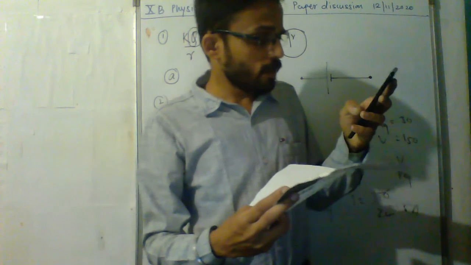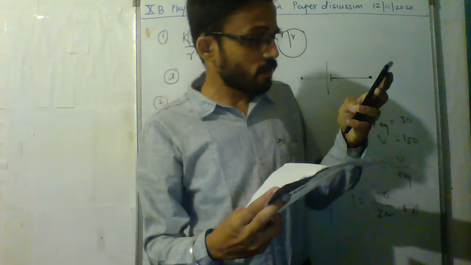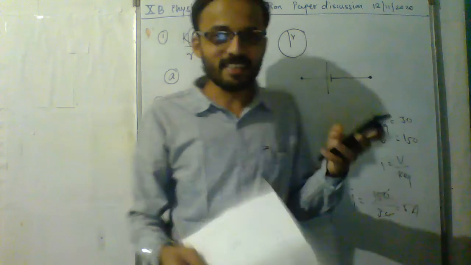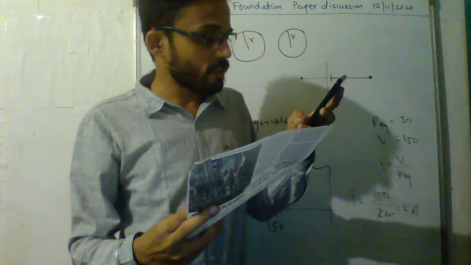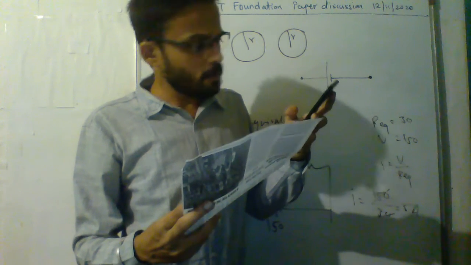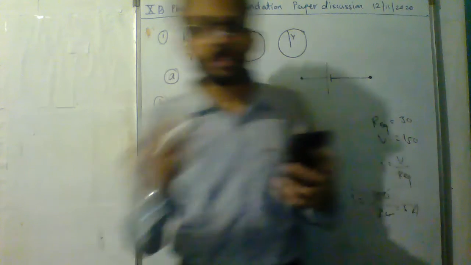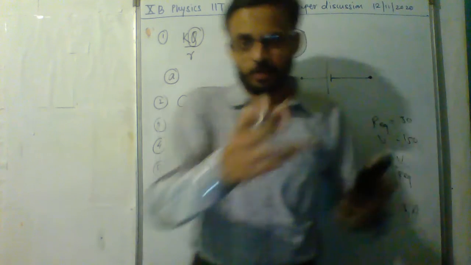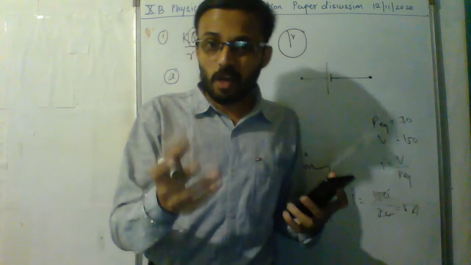Question 15. In a suspension type conductor, yesterday I discussed with you, the couple developed in the suspension wire and loose spring is called. That will be restoring couple: deflecting couple and restoring couple. Couple means torque.